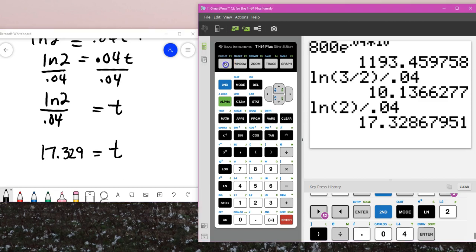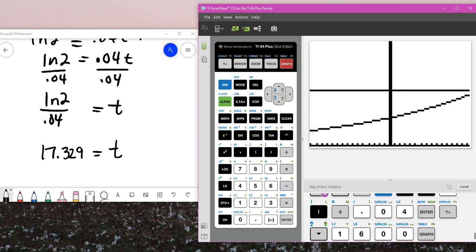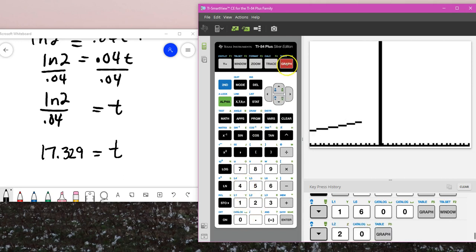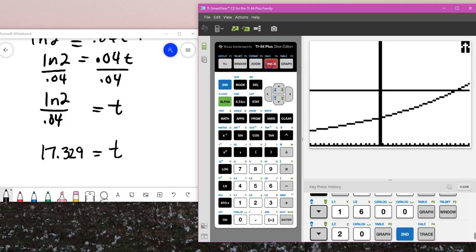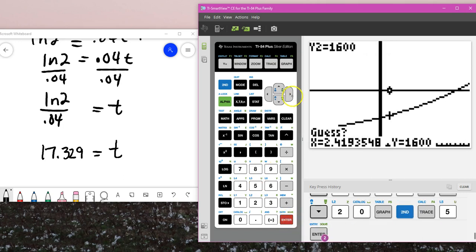We could also get this in our calculators, making that value 1600. And if you look at this picture, you can see that I don't see the intersection point. So I'll have to adjust my window a little bit more. So let's change it to 20. And now you can see that intersection point. So I hit second and trace to go into the calc menu, select number 5, hit enter for the first curve, hit enter for the second curve, and I want to guess.